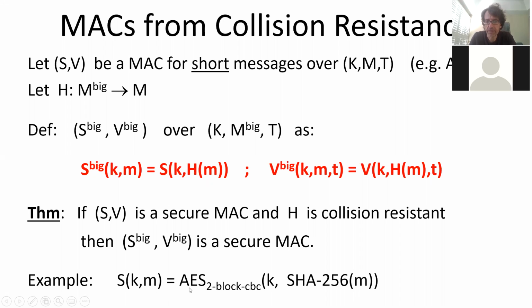So here is the MAC, for example. Take SHA-256, meaning it's a hash function that takes an arbitrary message and outputs a 256-bit string, and it's believed to be collision resistant. Okay. So now you need a MAC that correctly MACs 256-bit strings. Well, you can just remember that the CBC MAC is secure without the final post-processing.